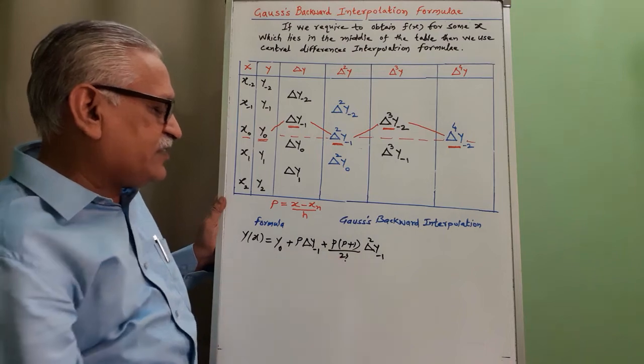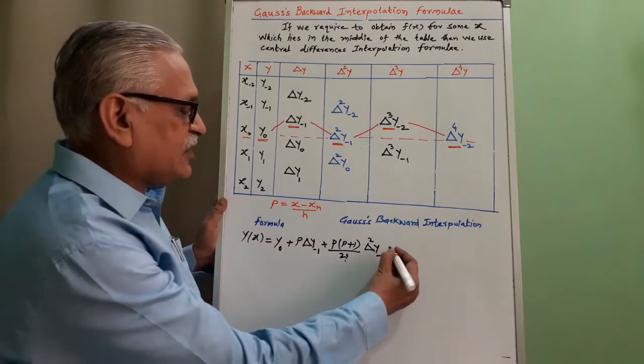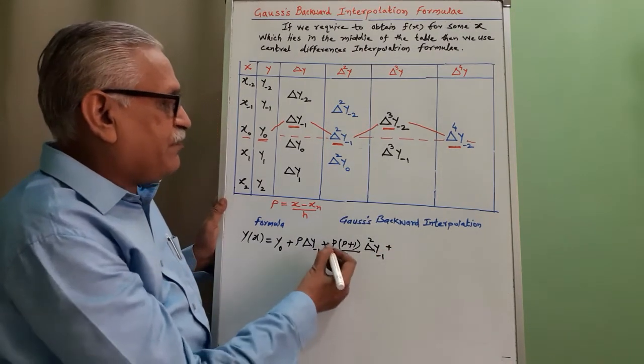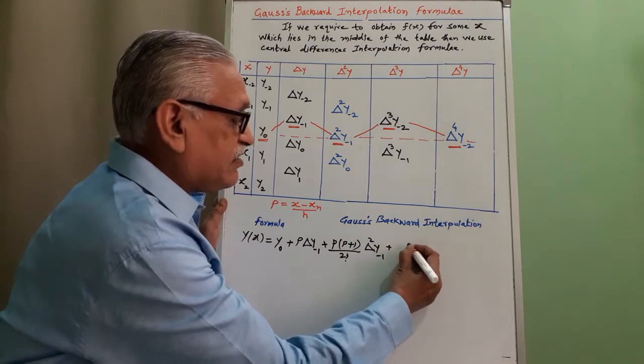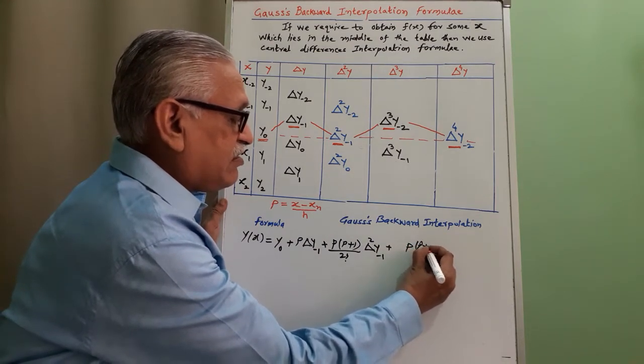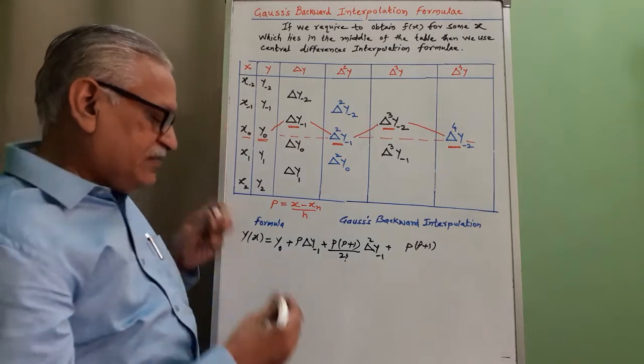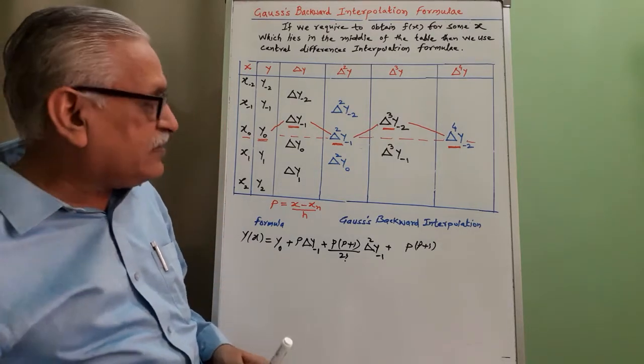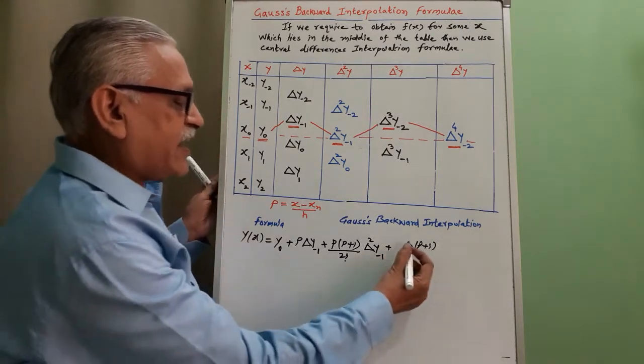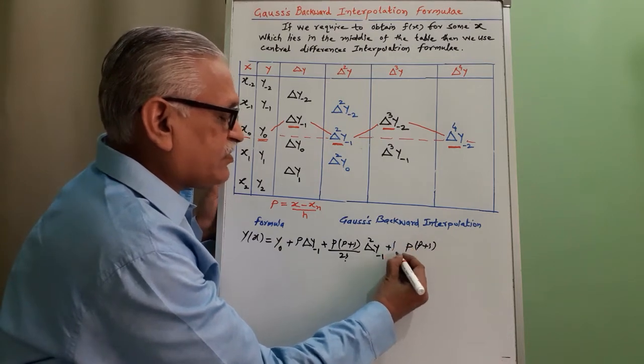Therefore, this term is as it is. Then the third term, p plus 1, as it is. This term is multiplied by an additional term, and that additional term is p minus 1.